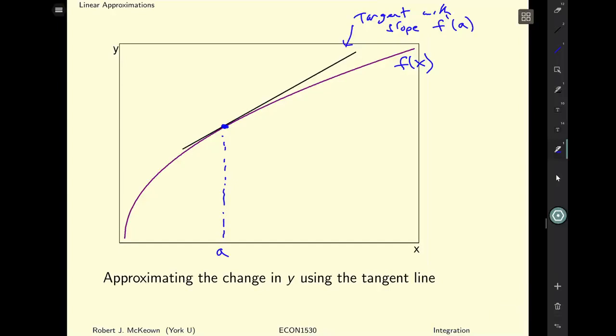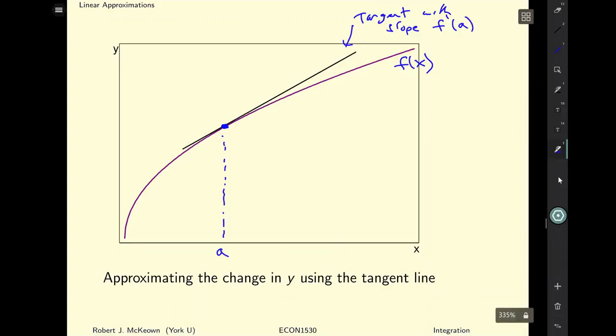So that tangent line has a slope that's equal to f prime a. Right? That's because this is the point of tangency there where the blue dot is, and we've got a on the x-axis.